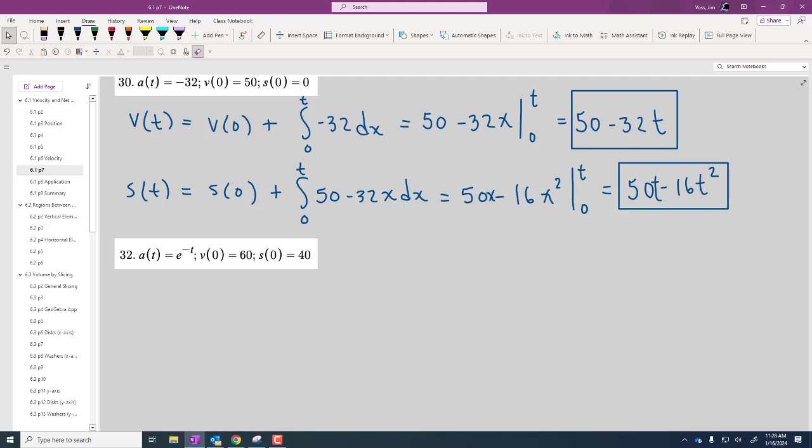So again, if you want to use that antiderivative technique, you're more than welcome to. Or try to get comfortable with the fundamental theorem technique.